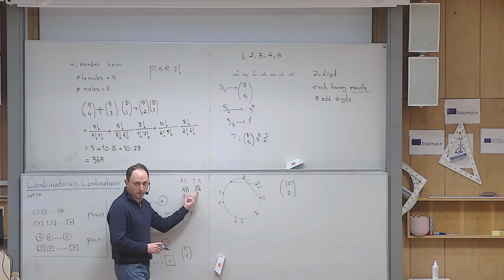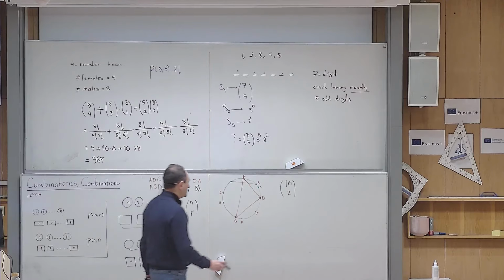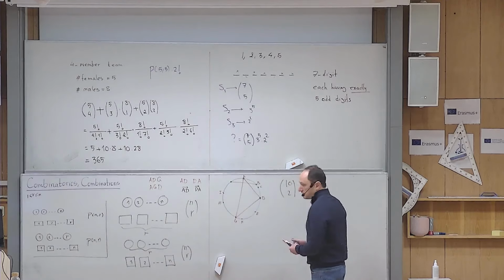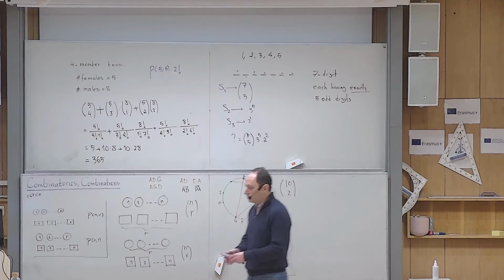They are the same triangle. So that's not a permutation problem, that's a combination problem. So the number of triangles is 10 choose 3.